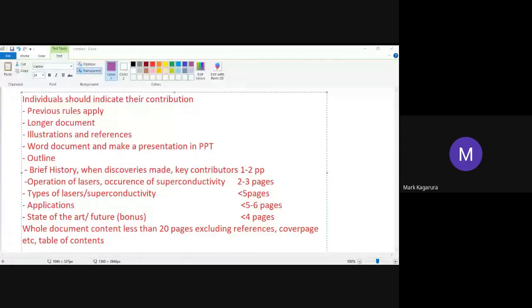Then I1 to L1. We'll do lasers. Then M1 to N1. We can do superconductivity as well.